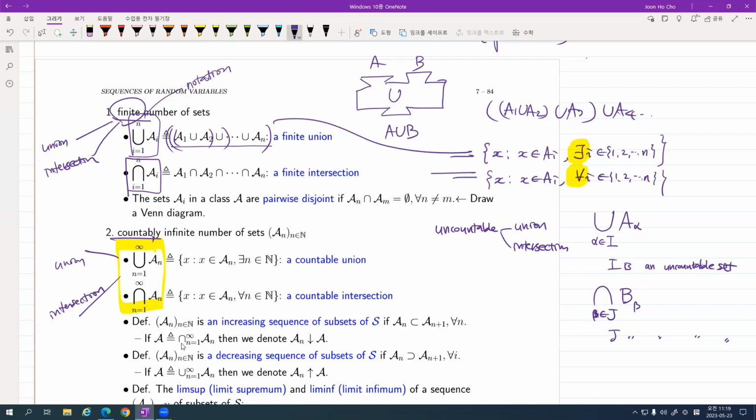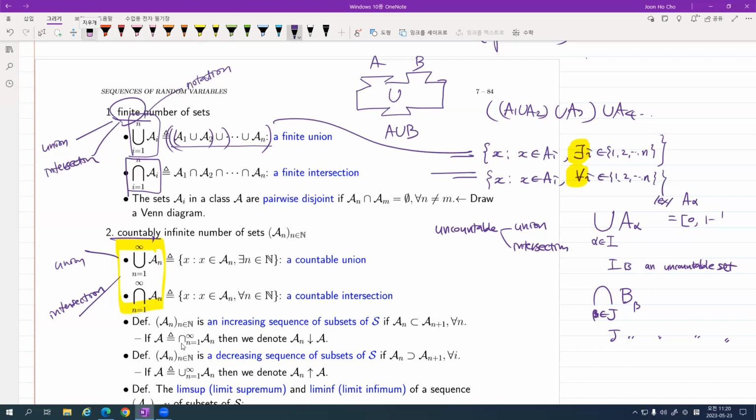So in some sense, these new notations successfully generalize these previous notations. And to have a concrete idea, let me give you an example. Suppose you define A sub alpha as an interval from 0 to 1 minus alpha.